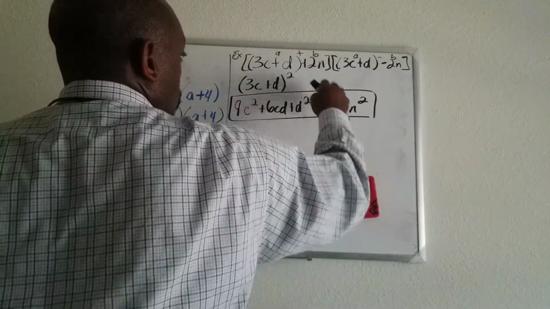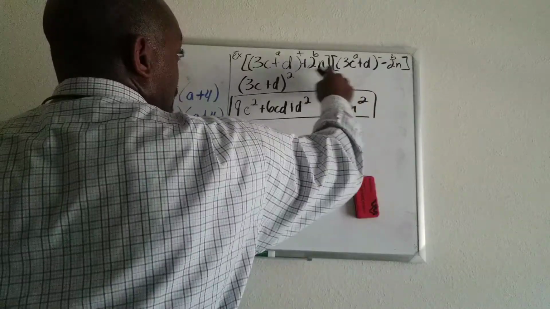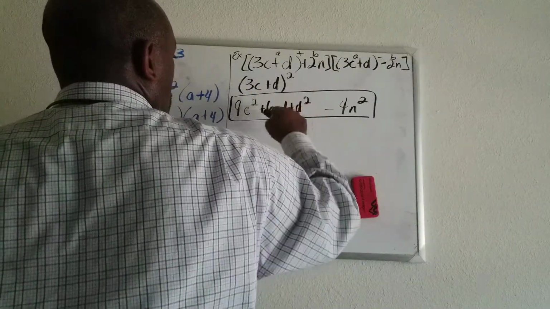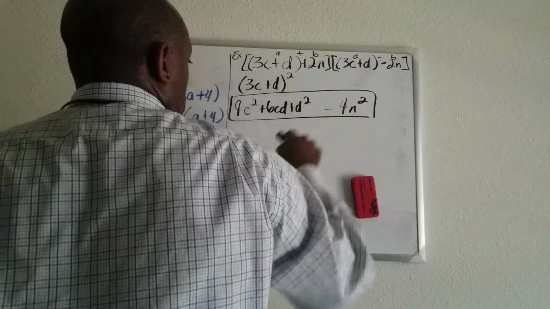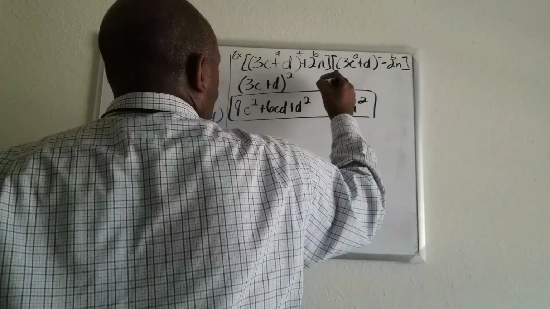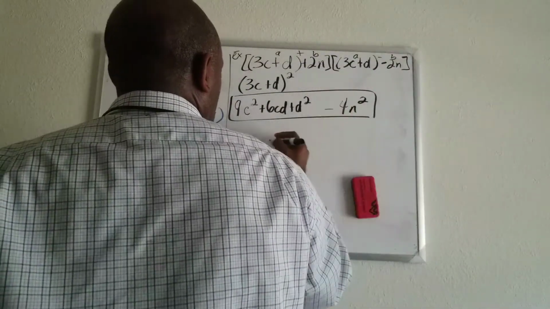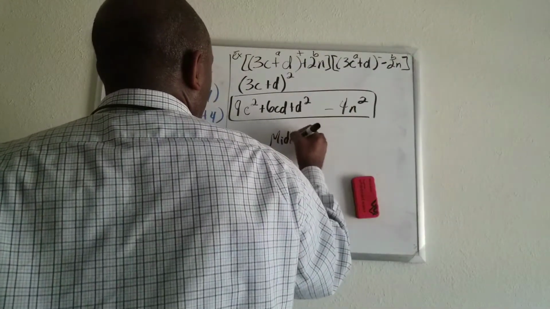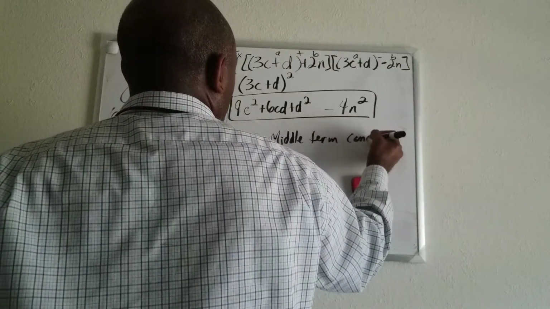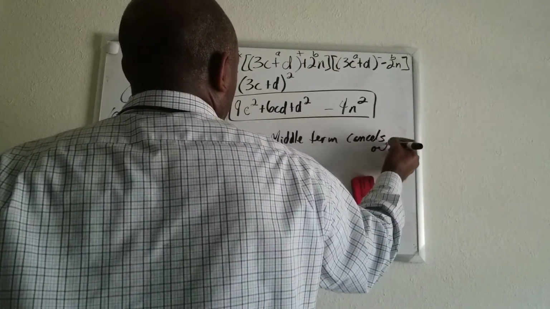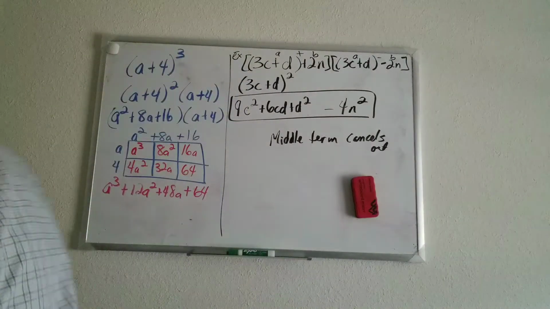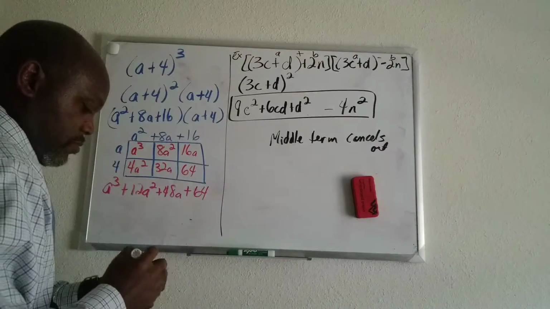Because the middle term is going to be absent, because they're opposite, the only thing that you actually need is to square the first term and square the last term. That's why this is your answer. The middle term cancels out. And that's how you solve your problem.